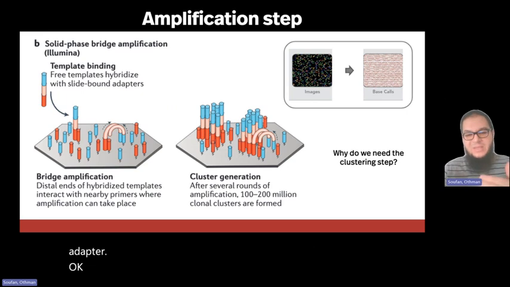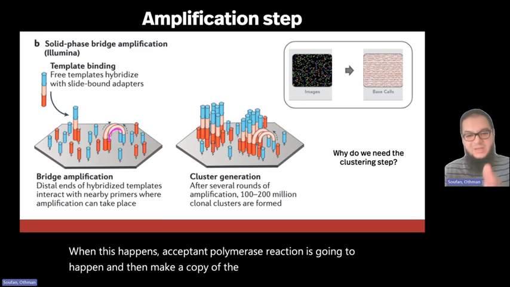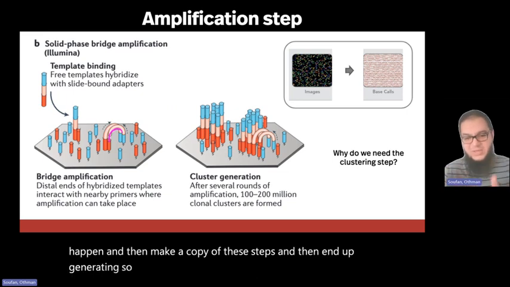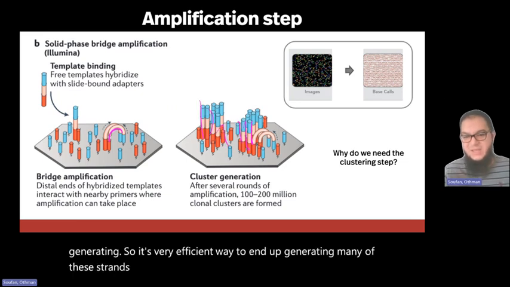We will see this in action. When this happens, a polymerase reaction is going to happen and make a copy of these strands, and it's a very efficient way to end up generating many of these strands, then detach them.